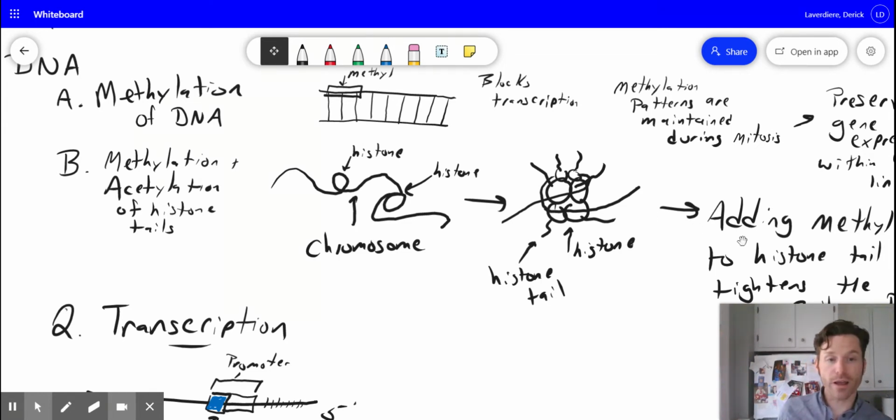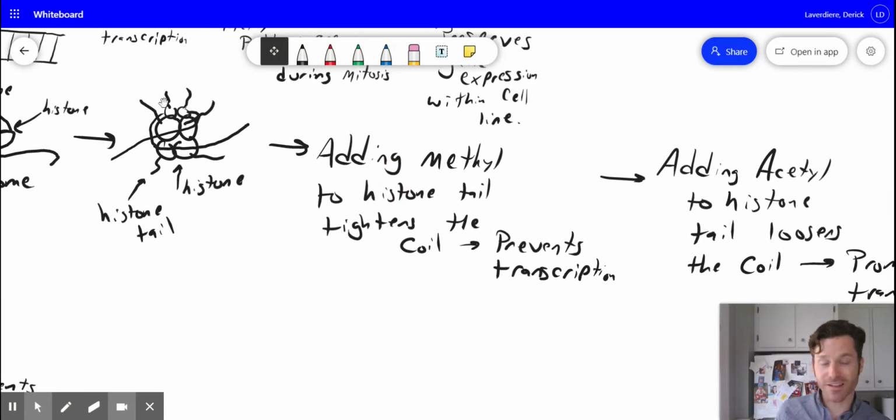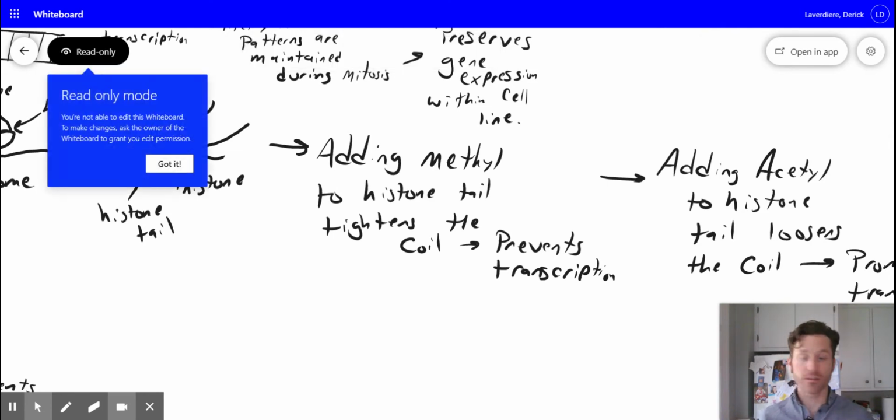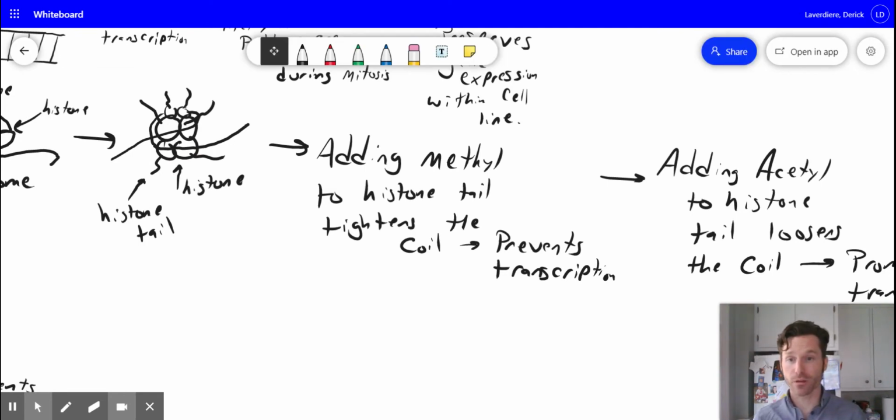By adding either a methyl or an acetyl to these tails of these histones, we can change the way in which the chromosome is coiled around that histone. Adding a methyl to the tail will tighten that coiling and it will reduce the accessibility of those genes. Whereas adding acetyl to the histone tail will loosen the coiling and that promotes transcription.